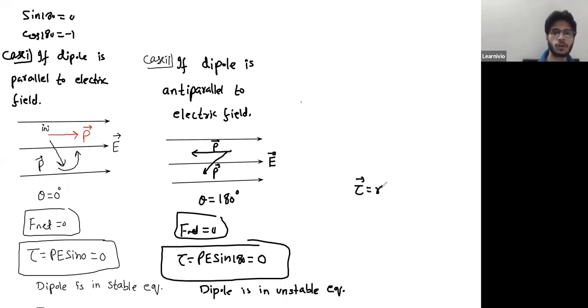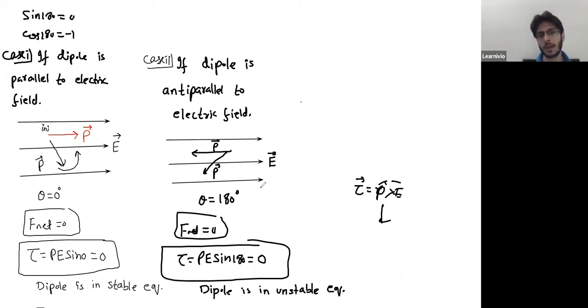The torque was P cross E. Below this expression, I have written something. Just read that statement. The torque will rotate the dipole and will try to align it along the electric field. Along the electric field means P will be in the direction of the field.